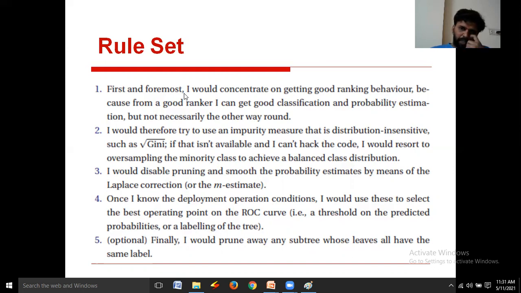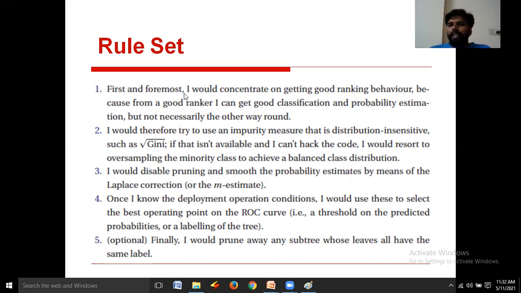And coming to the next one, while using impurity measures, better prefer insensitive measures while doing class distribution. We already observed one case.